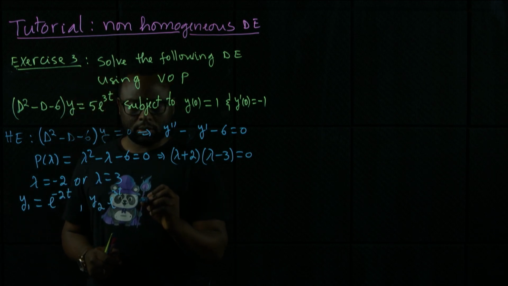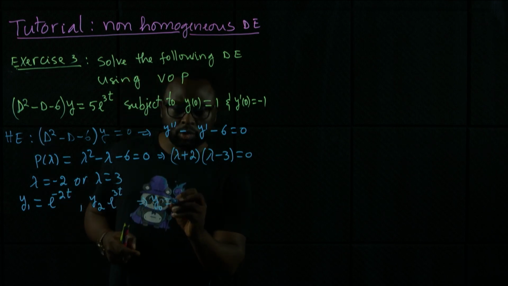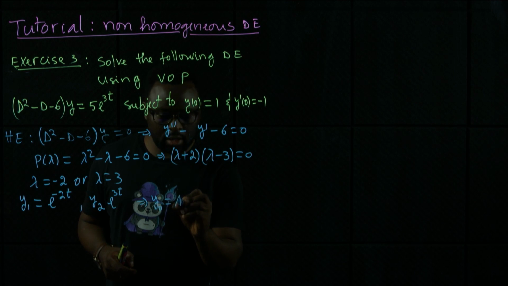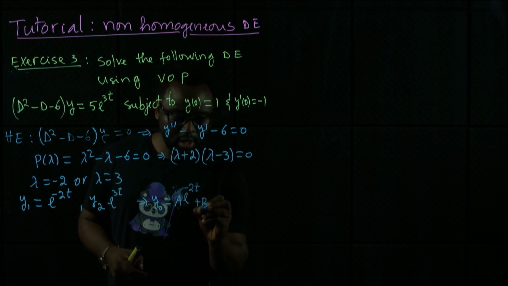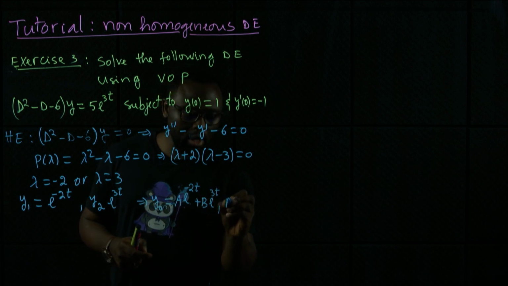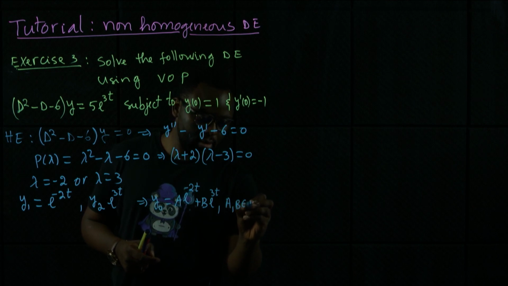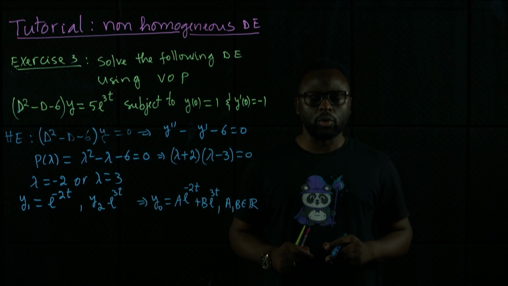So this means that y0, the homogeneous solution, is a times e to the power minus 2t plus b times e to the power 3t, where a, b are in R.